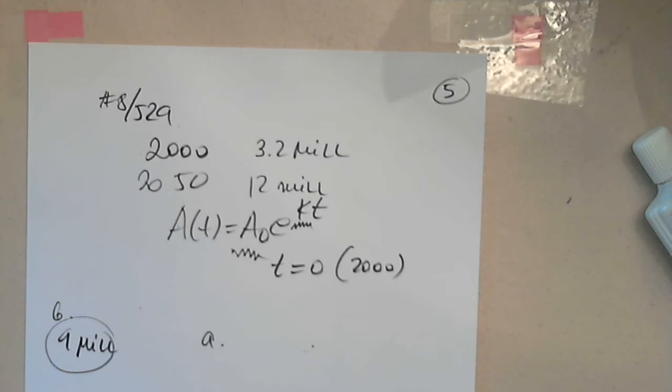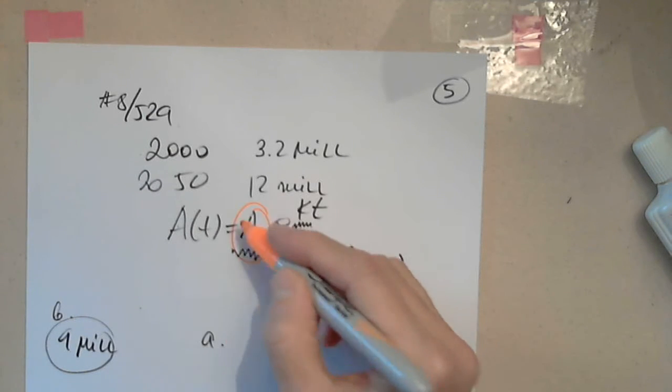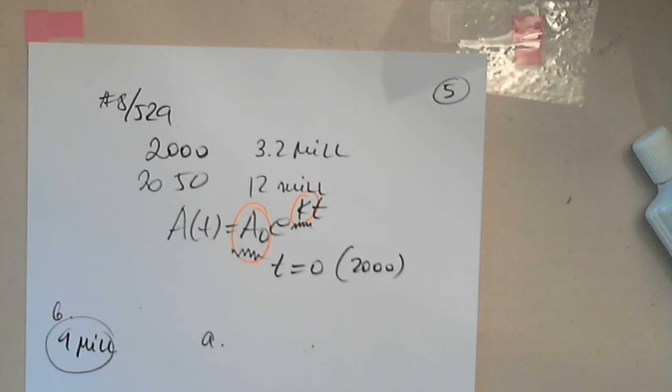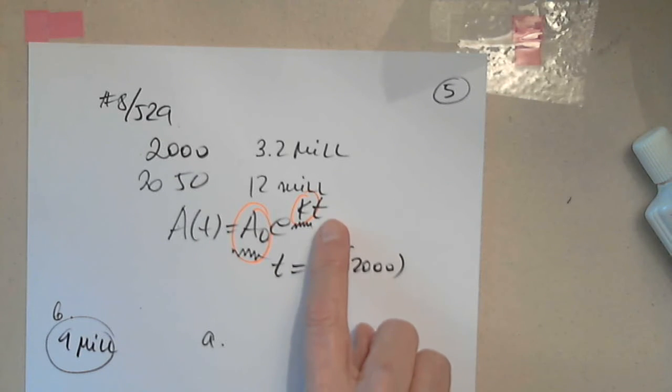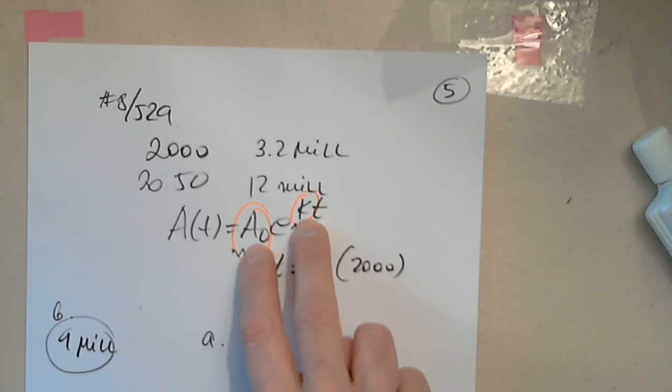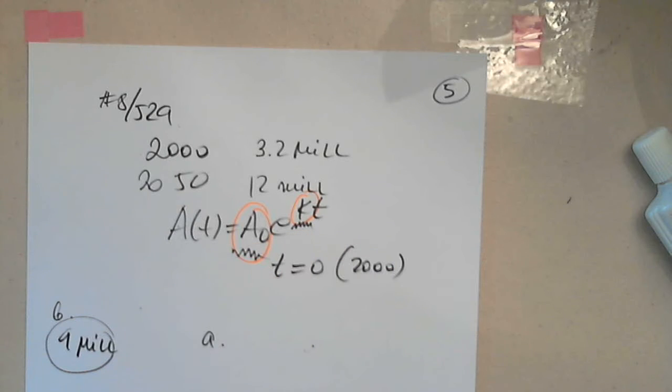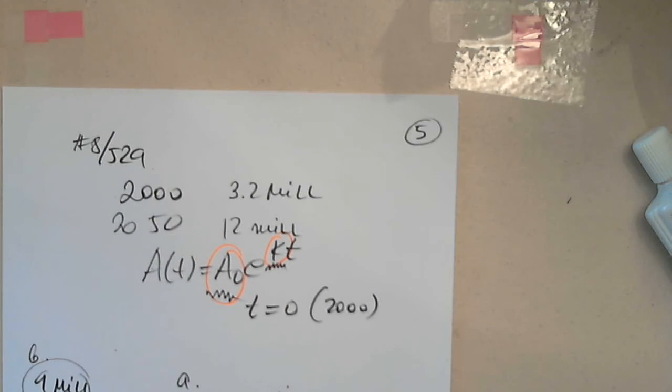So we want to determine the initial population, and we want to determine the growth rate. And that will completely define the model, because A is the y value, or the function. t is the independent variable. And what we don't have are these two constants yet. Okay. But what am I given here?